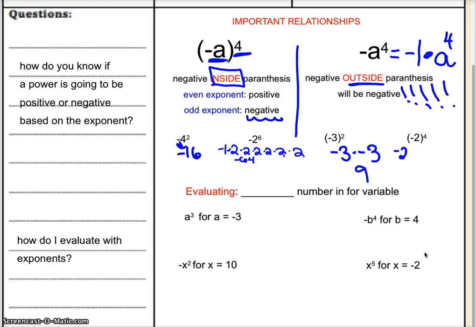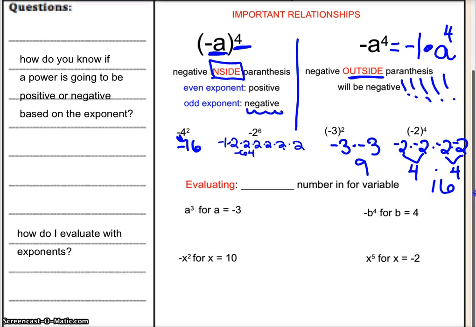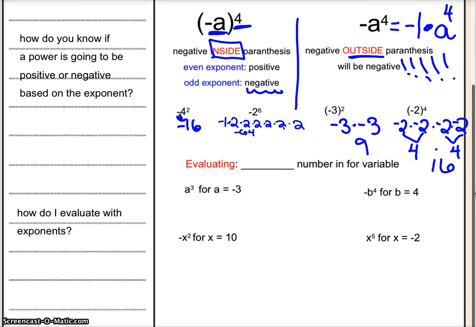So it's negative 2 times negative 2 times negative 2, I need one more, times negative 2. Look how I can group if you wanted to group. This turns to 4, this turns to 4, 16. Okay? And that's all I wanted to cover today.